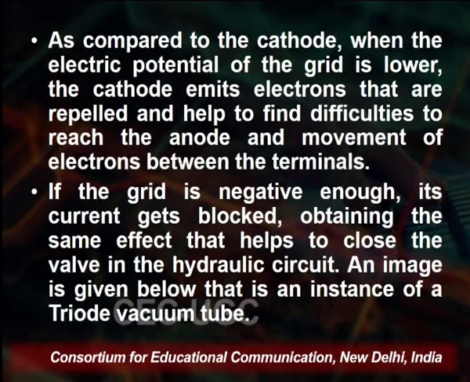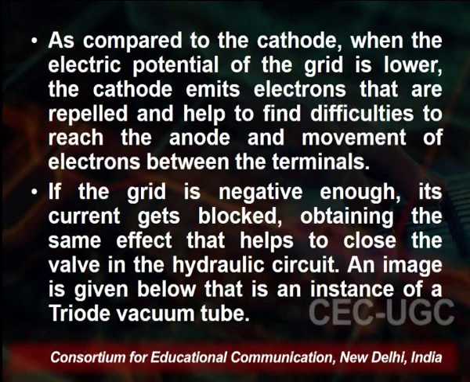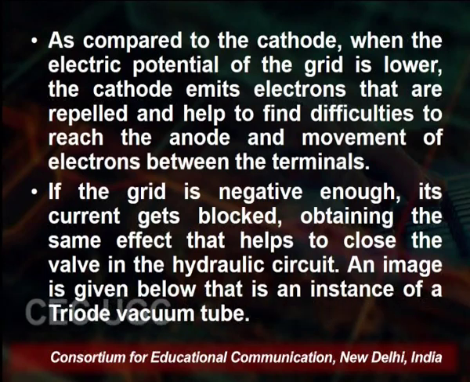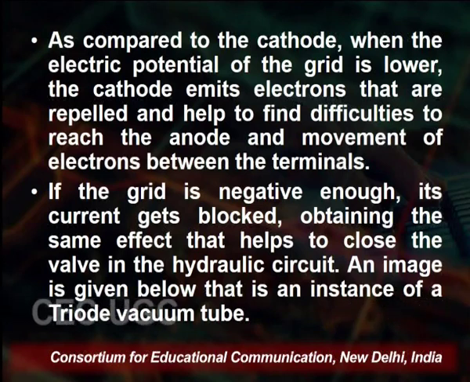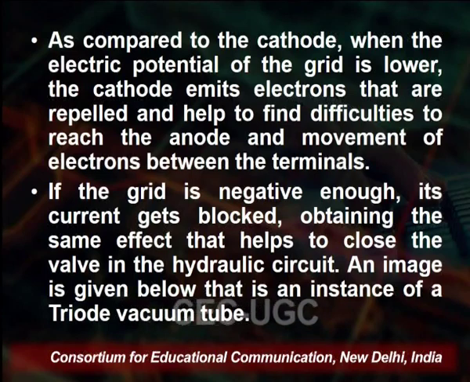So, the movement of the electrons between the terminals is controlled by this grid. If the grid is negative enough, the current gets blocked, obtaining the same effect as closing a valve in a hydraulic circuit.